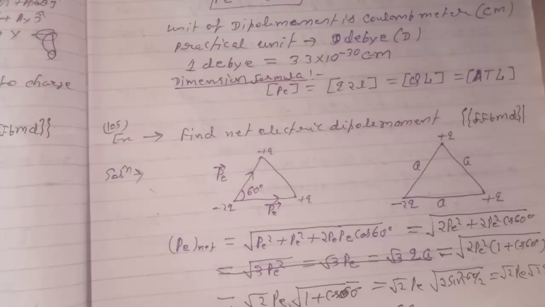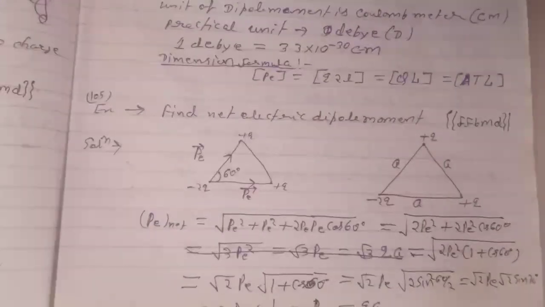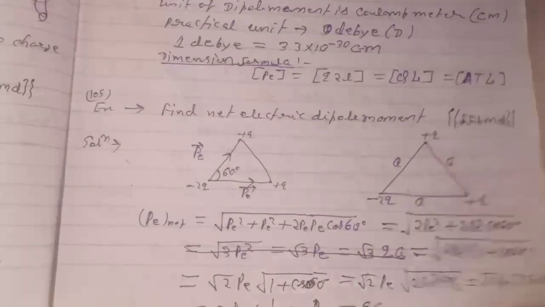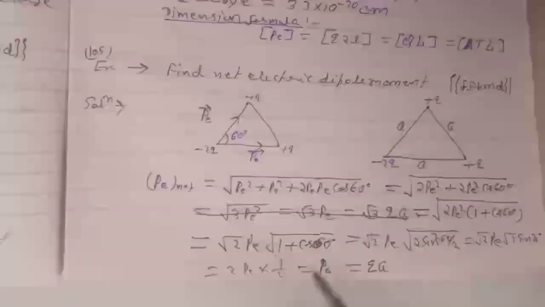So root 2P into root 2 cos square 30 degree, or 2P into root 3 by 2. Answer: P equals QA.